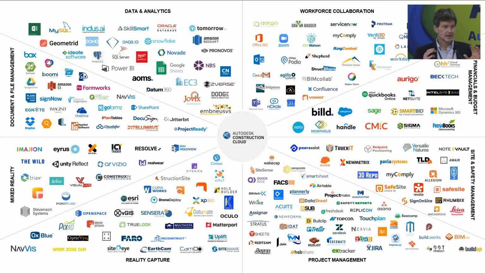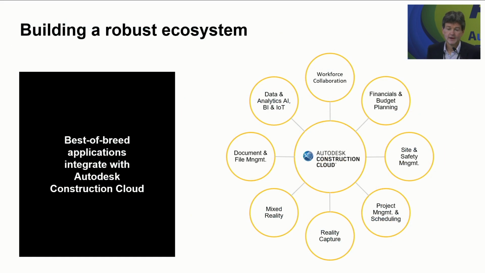So basically, imagine that Autodesk Construction Cloud is a hub for data, where other developers can connect and do something already now. They can do something like connection to an ERP system and many other things.